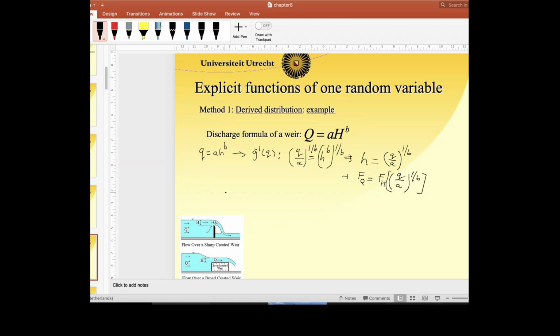Now we need to do the same for the probability density function, but then we need the derivative of this guy, right?